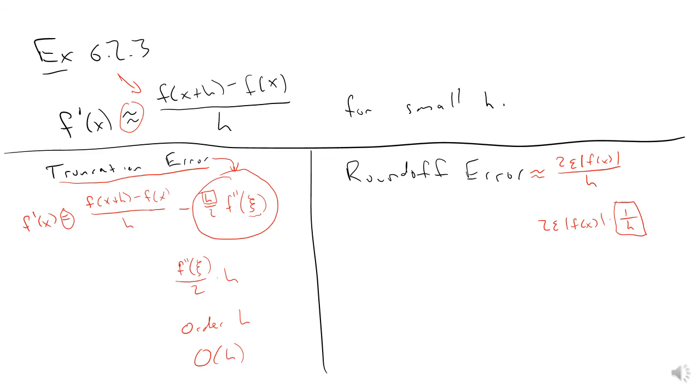Okay, so this kind of interesting balancing act between truncation error and round-off error makes the difference quotient have some issues if we try to use that as our algorithm for approximating the derivative.